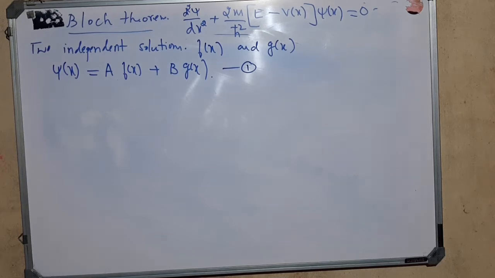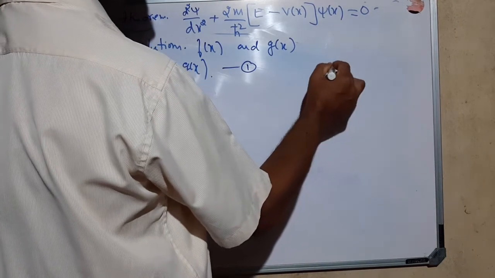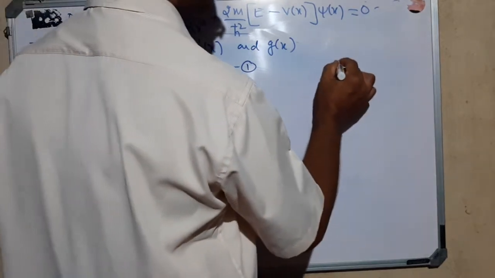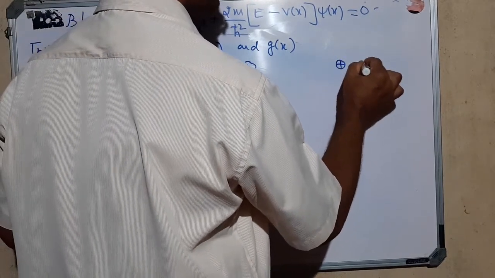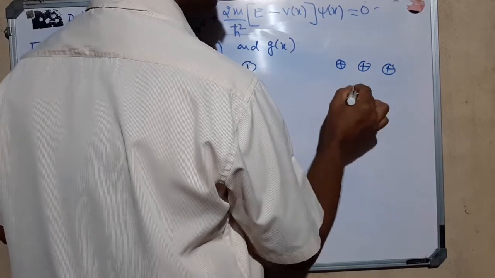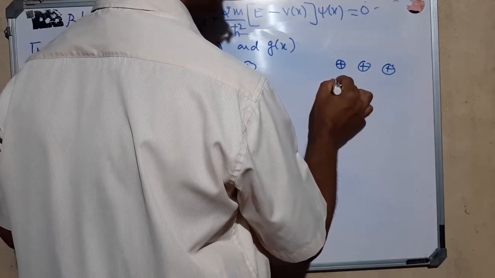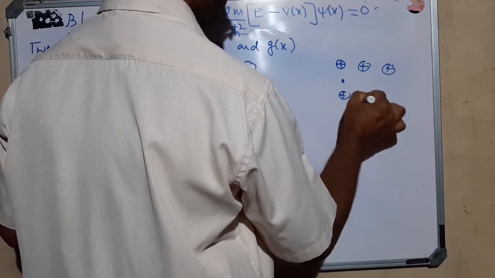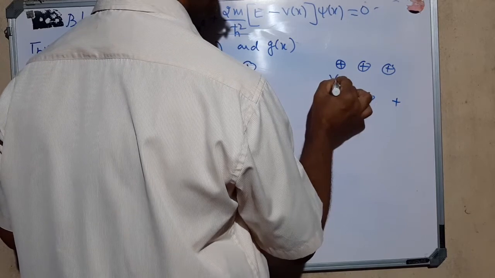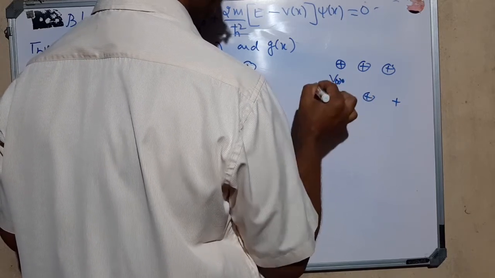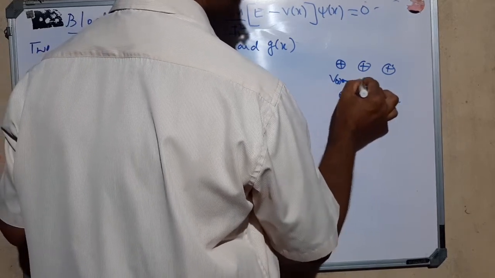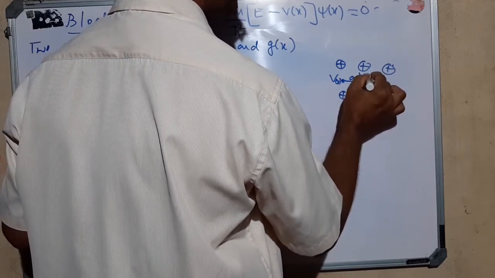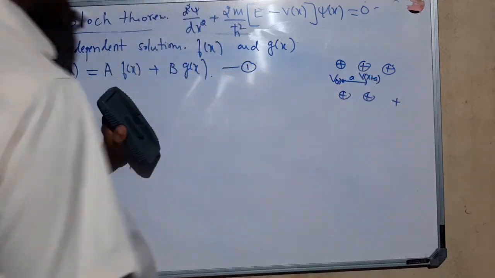As we told, the potential of the electron is a periodic potential where the periodicity is A. Let us consider that at this distance the potential of the electron is V at a distance of x from a reference. If it travels a distance equal to a, the potential of the electron is V of x plus a.